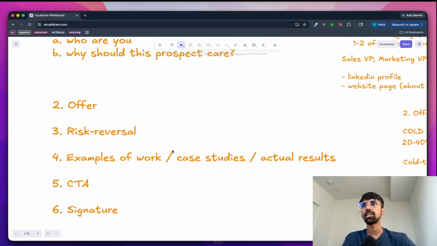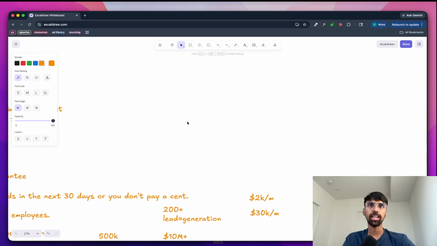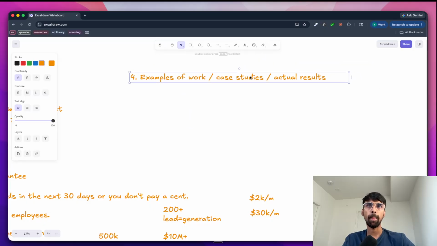So, you know, this is the examples of work or case study thing. The problem with people writing about their case studies or actual previous results is that they start bragging about it, right?